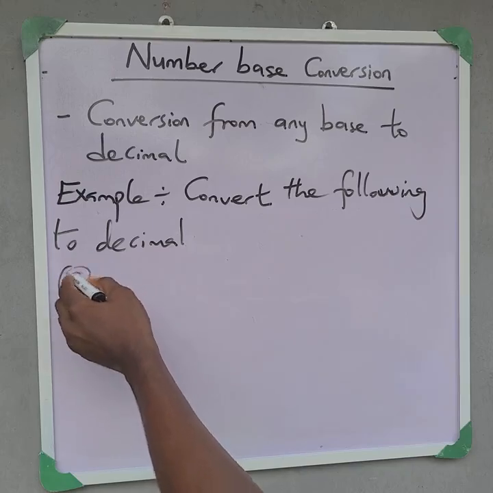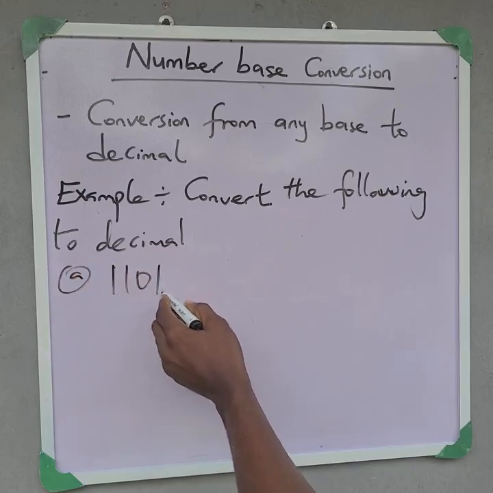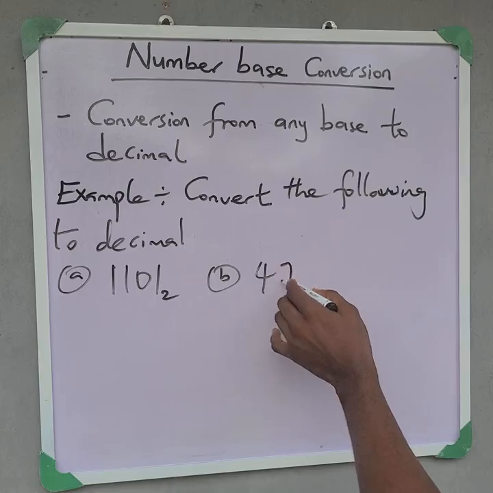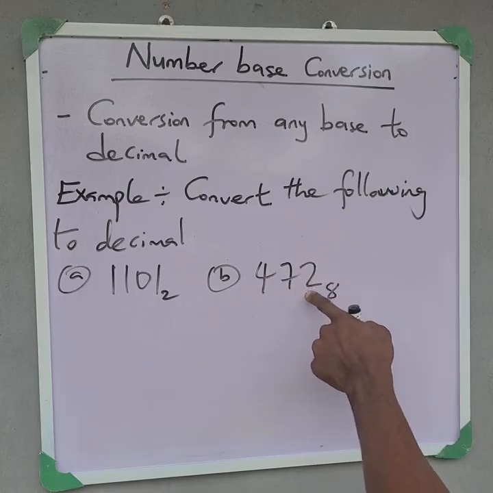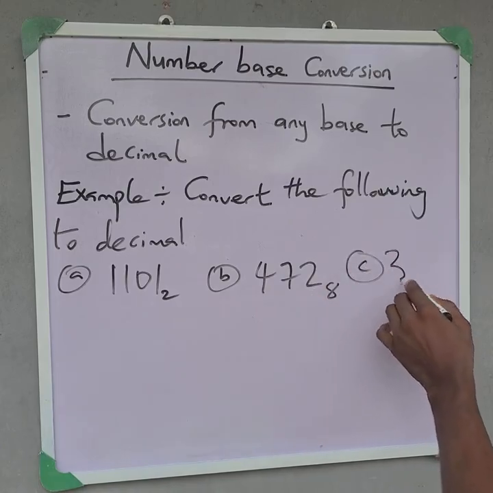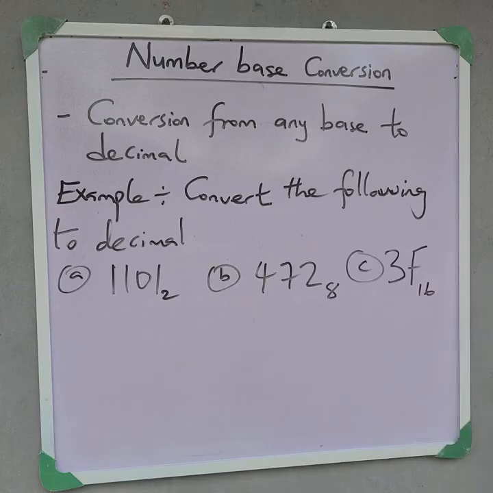We have 1101 in base 2, 472 in base 8, and 3F in base 16. So we are asked to convert these to decimal, that's base 10.